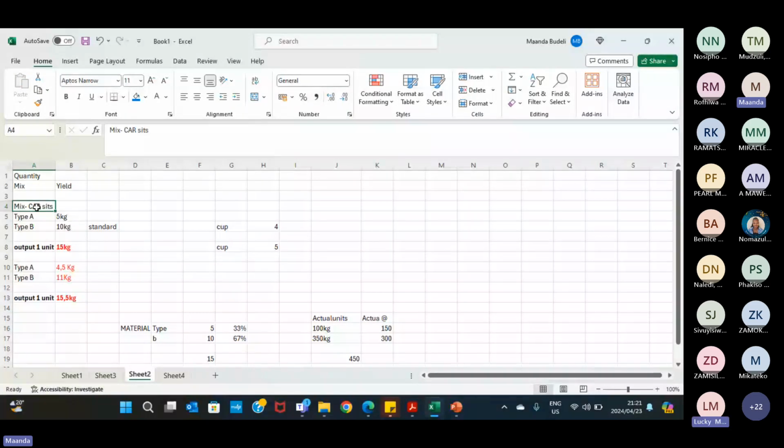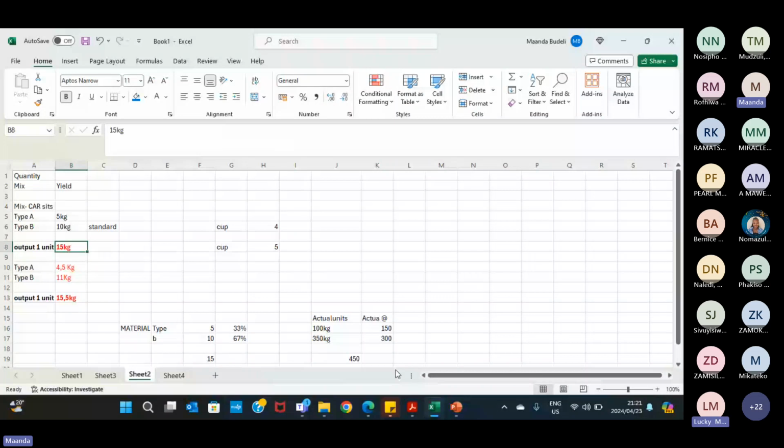So if we're producing a car seat, maybe we need a certain type of cotton, so let's call it form A. And then we need one of B, which is 10 kg to make the car seat. So it means that if I want to take my sales, I will say in total, I want 15. So the 5 divided by 15 will be the percentage of A. The 10 divided by 15 will be the percentage of B.